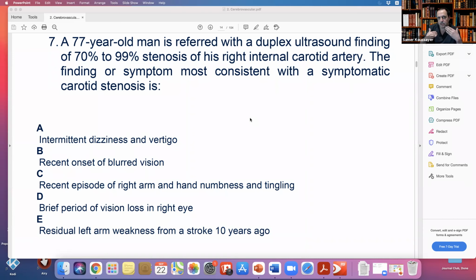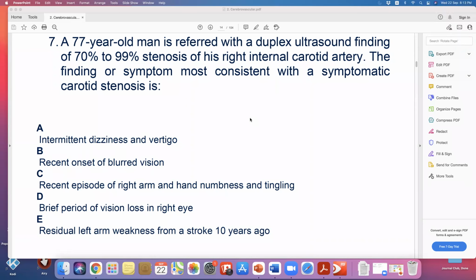You get the point? Yes. Not 2 weeks, it's 6 months. So any symptoms within 6 months, we consider symptomatic. More than 6 months, we consider asymptomatic. So if he has a stroke 10 years ago, then he's asymptomatic, okay?